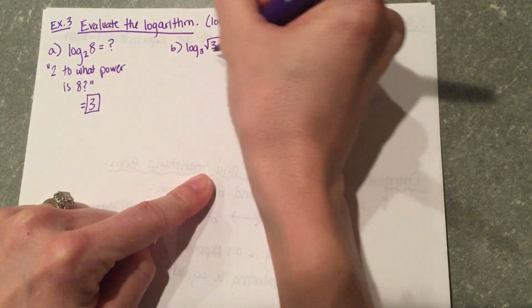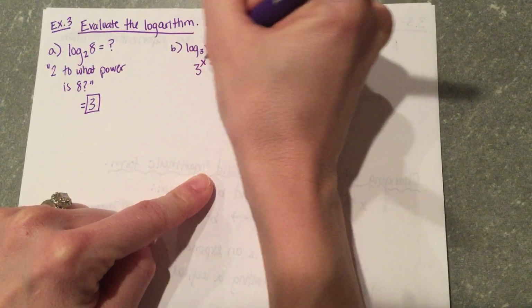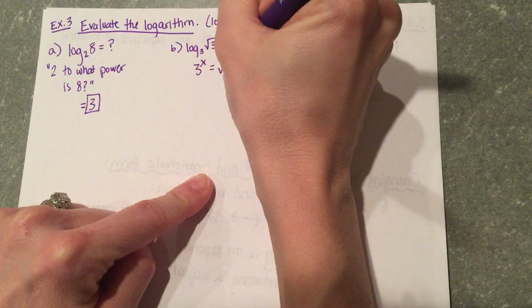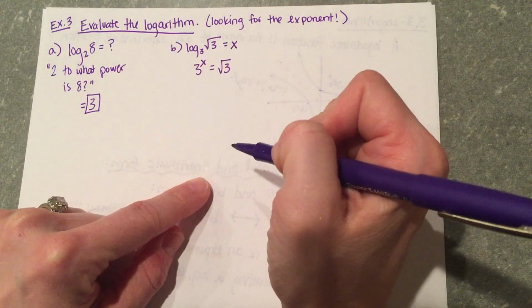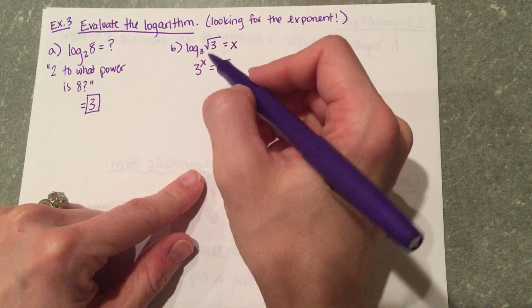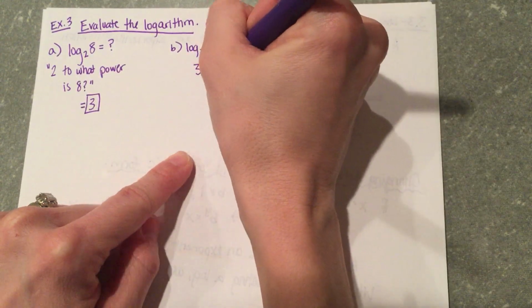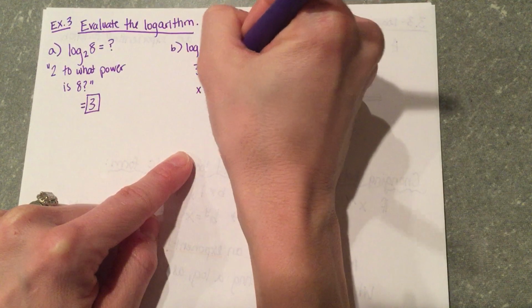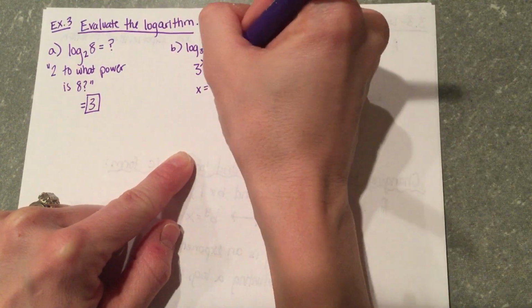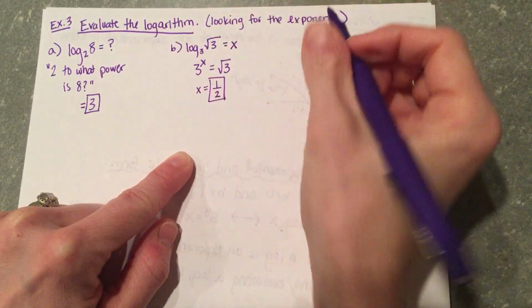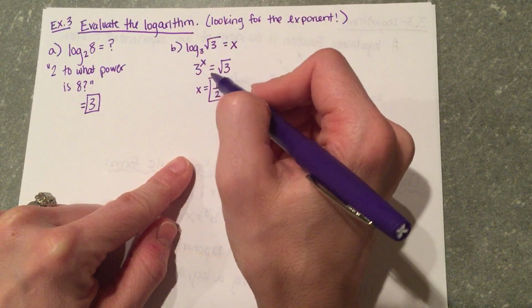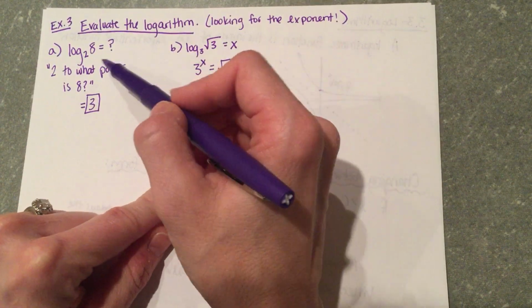And then if you rewrite it in exponential form, so 3 to the x equals radical 3, then you can just solve for x. So I'm still asking, just like I did over here, 3 to what power would be square root of 3? And I would get 1/2, right? Because 3 to the 1/2 power is square root of 3. So you don't have to do it this way, but it's essentially what you're doing.